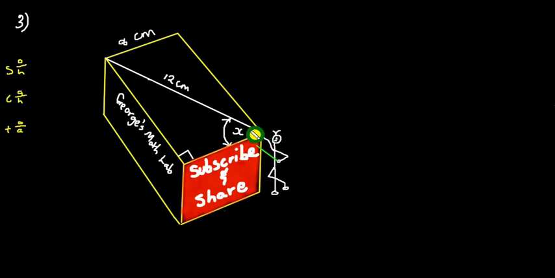The third question, what are we given here? We're given the hypotenuse. So let's check that. Check, check. Sine of an angle is opposite over the hypotenuse. And cos is the adjacent over the hypotenuse. We check that because both of them have the hypotenuse.